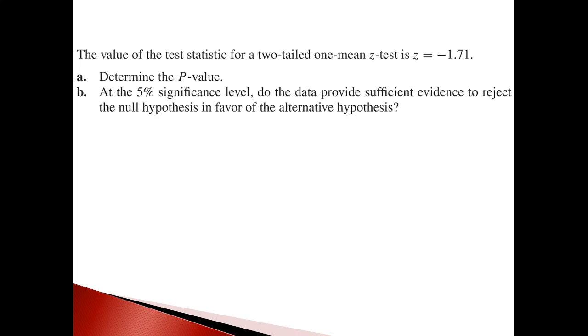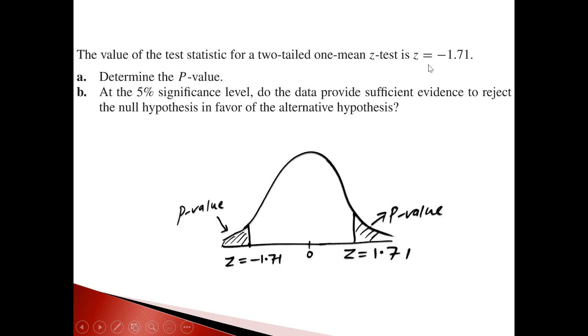Okay, let's see another example. This time let's talk about the two-tail test. Here your z-value is negative 1.71. You need to determine this at the 5% significance level. Does the data provide sufficient evidence to reject the null hypothesis? Just like the above example, first find the p-value for z equals negative 1.71.